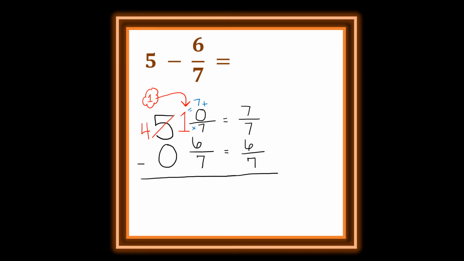Now I can subtract. 7 take away 6 equals 1, and my common denominator is 7. Check to see if you can reduce. I cannot. And now it's time to subtract my whole numbers. 4 take away 0 is 4. My final answer is 4 and 1/7.